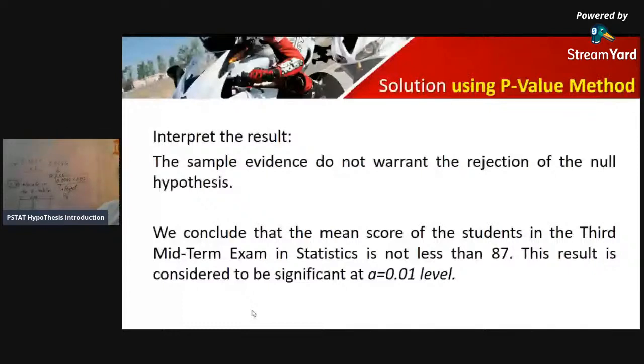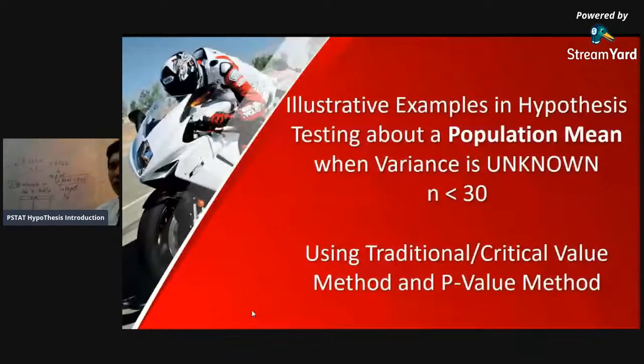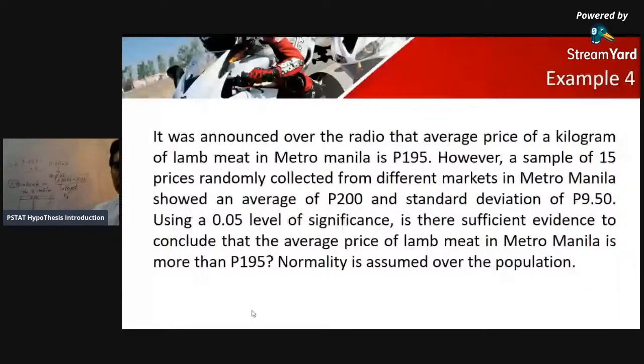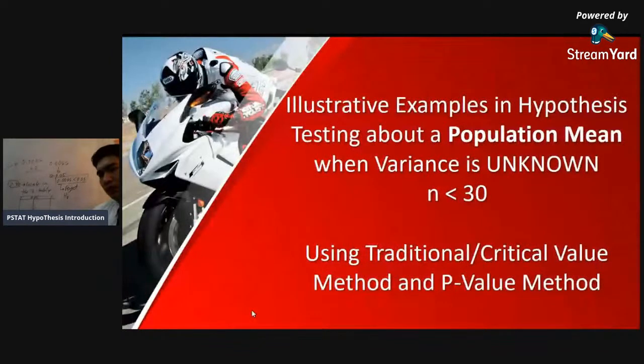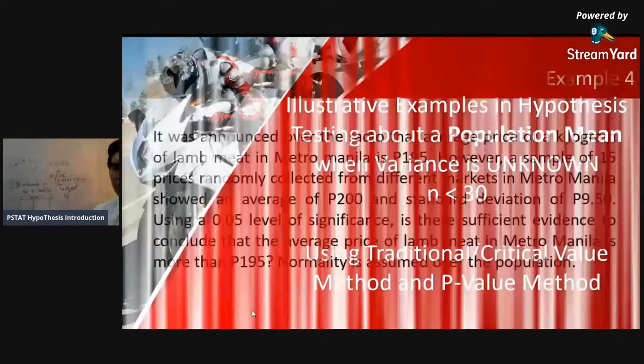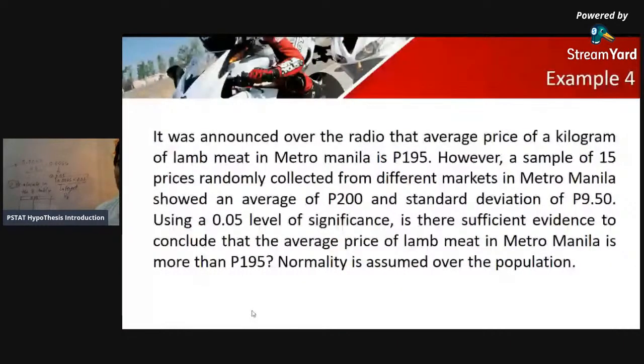What if we are to test a population mean when the variance is unknown and n is less than 30? Take note of this: the variance is unknown and the sample size is less than 30. So take note again, check the sample size. The sample size is 15. As mentioned earlier, if your sample size is less than 30, then you use the t-test.